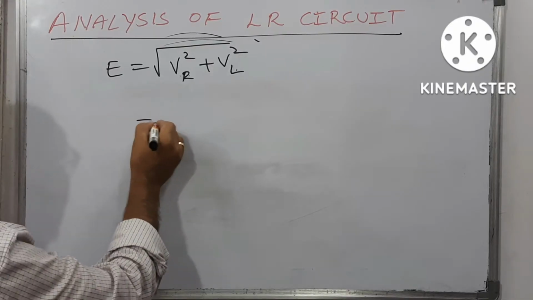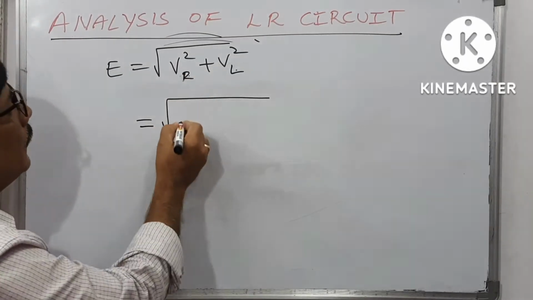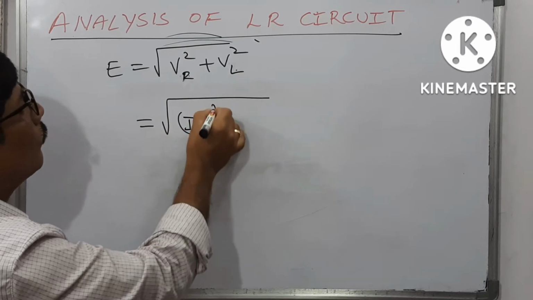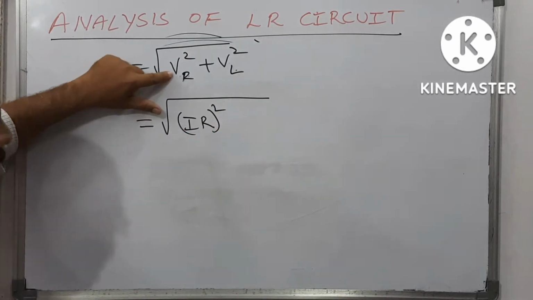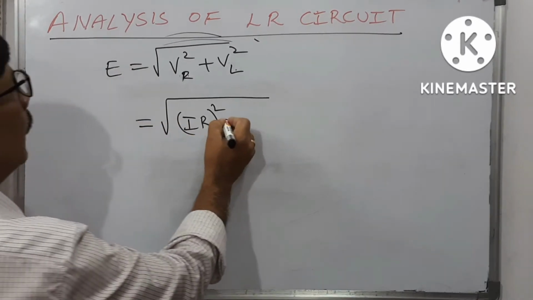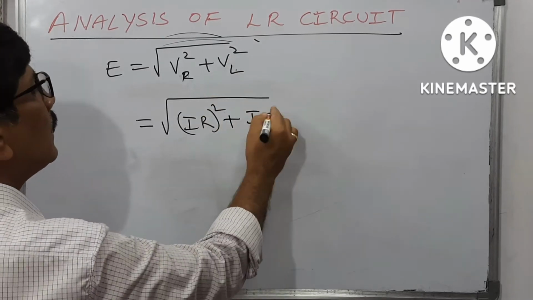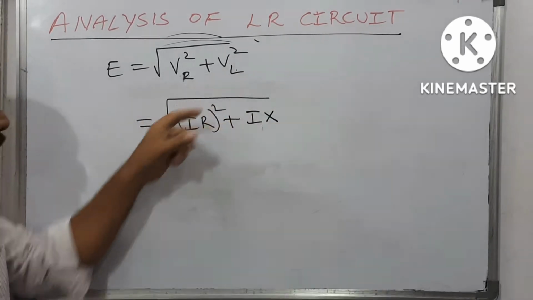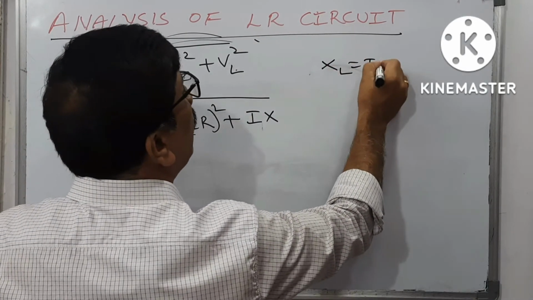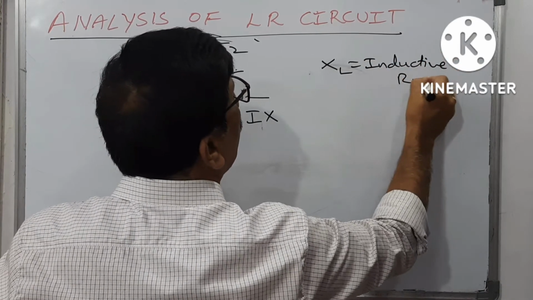You can write this as, VR can be written as, just see, I R whole square. According to Ohm's law, voltage across the resistor is current times resistance, plus VL can be written as current and resistance of the inductor, which is considered as XL. This is called inductive reactance.